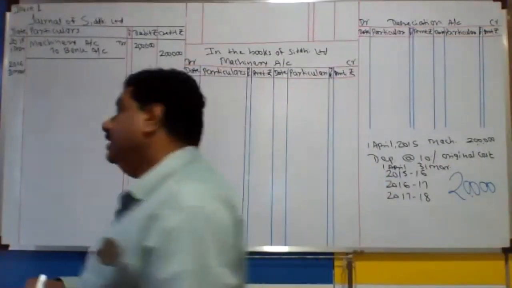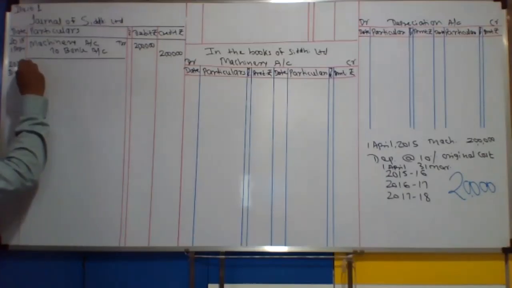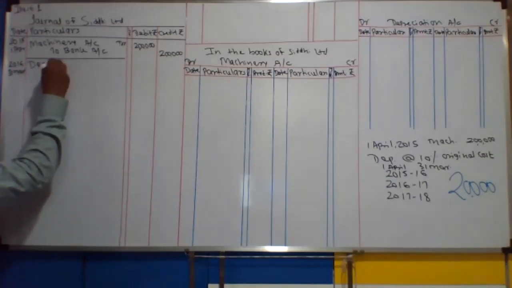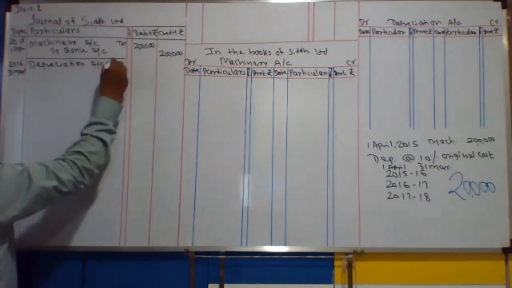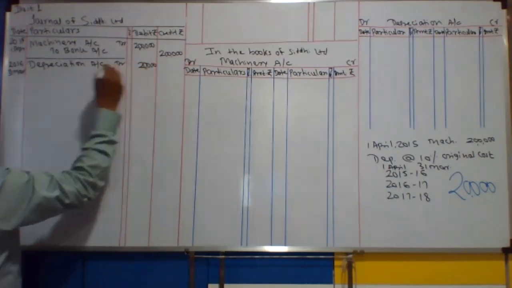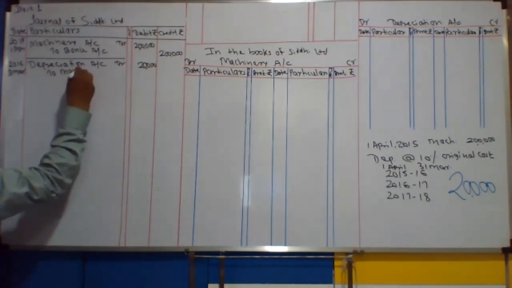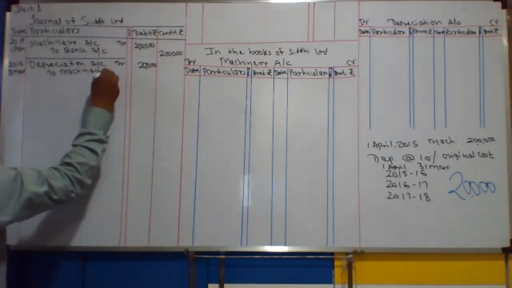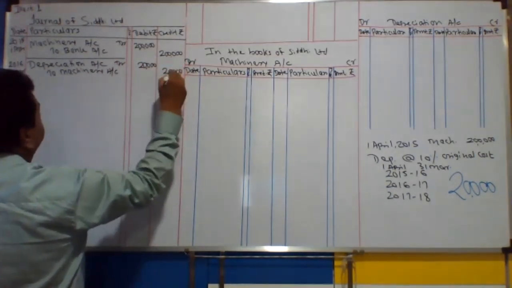उसका एंट्री क्या होगा? But date is 31st March 2016. Depreciation account debit rupees 20,000 to machinery account rupees 20,000.